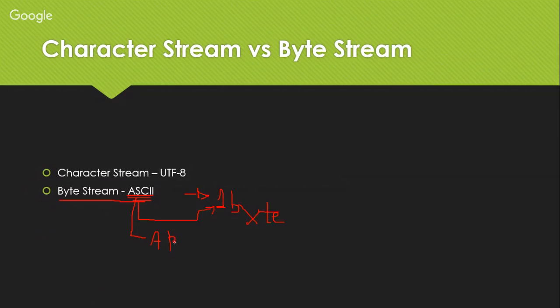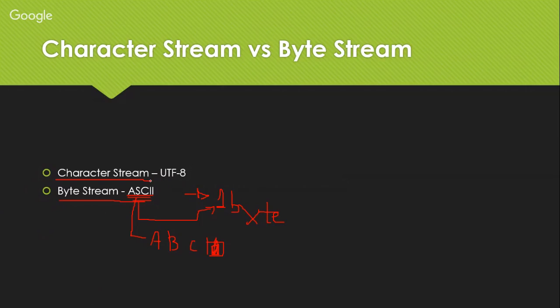We have only A, B, C, etc. But in the world, we have other kinds of characters. It will not accept Japanese characters. It will show something like a square.